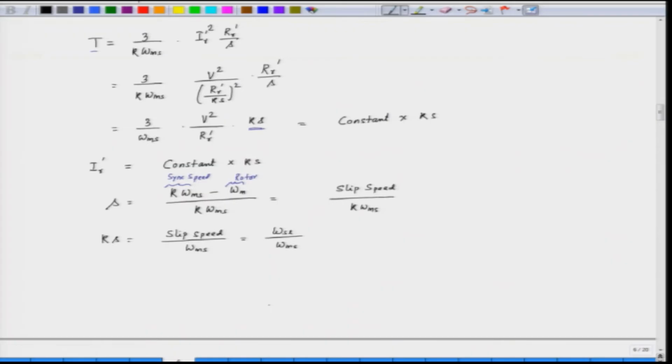So, this k into s is proportional to the slip speed. If you want to increase the slip speed, you should increase k into s. In this case we can also say that the torque is proportional to slip speed, and similarly the current is also proportional to the slip speed.